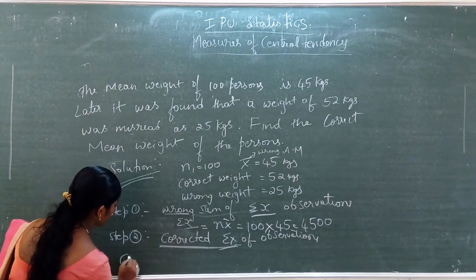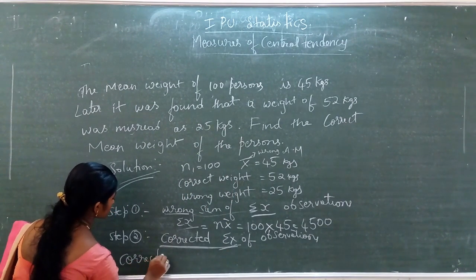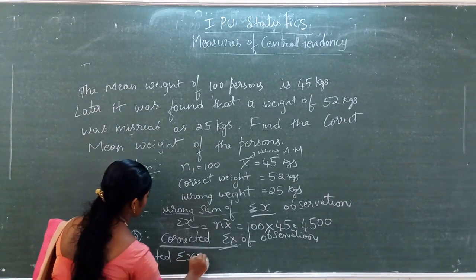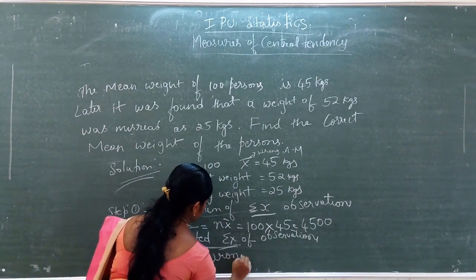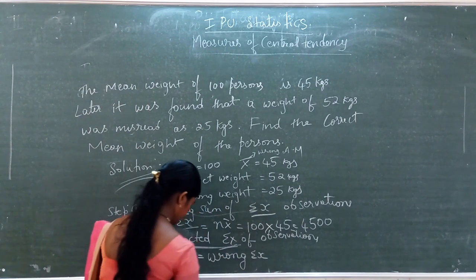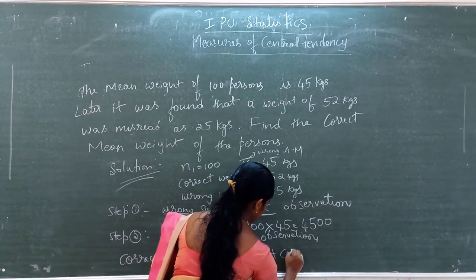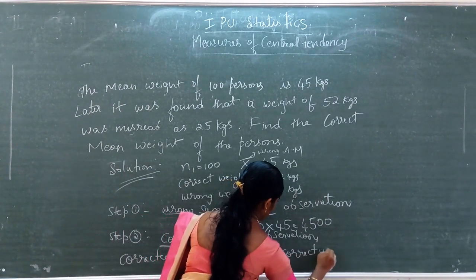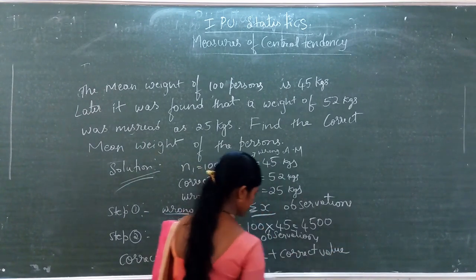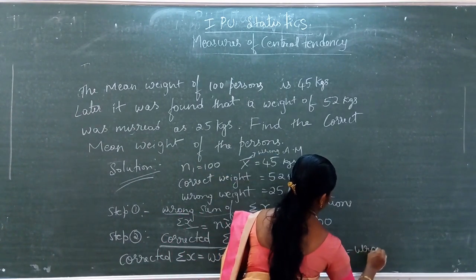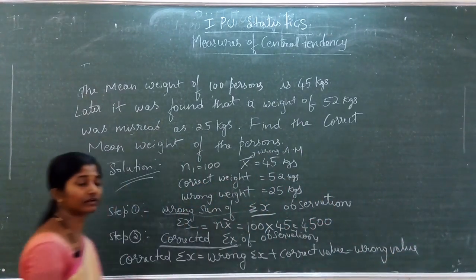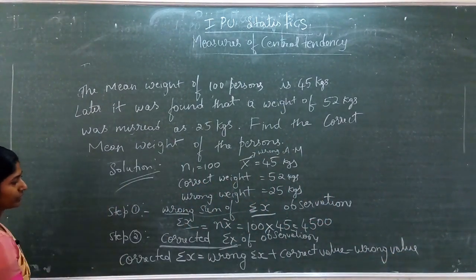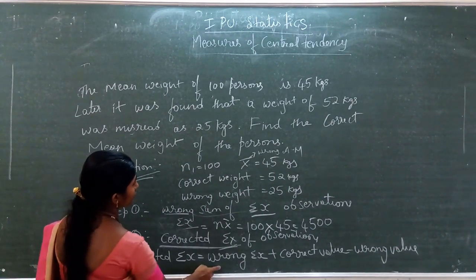Corrected summation x equals wrong summation x plus correct value minus wrong value.